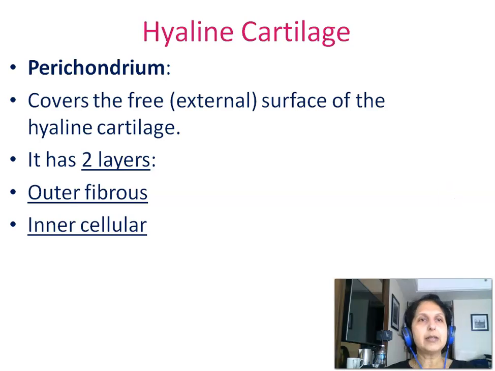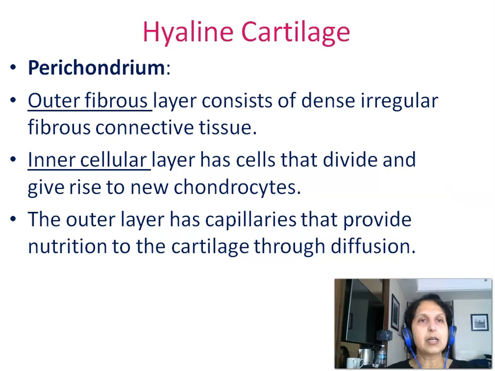Perichondrium here is the outer covering, or it is what covers the free external surface of the hyaline cartilage, and it has two layers, an outer fibrous layer and an inner cellular layer. The outer fibrous layer consists of dense irregular fibrous connective tissue.